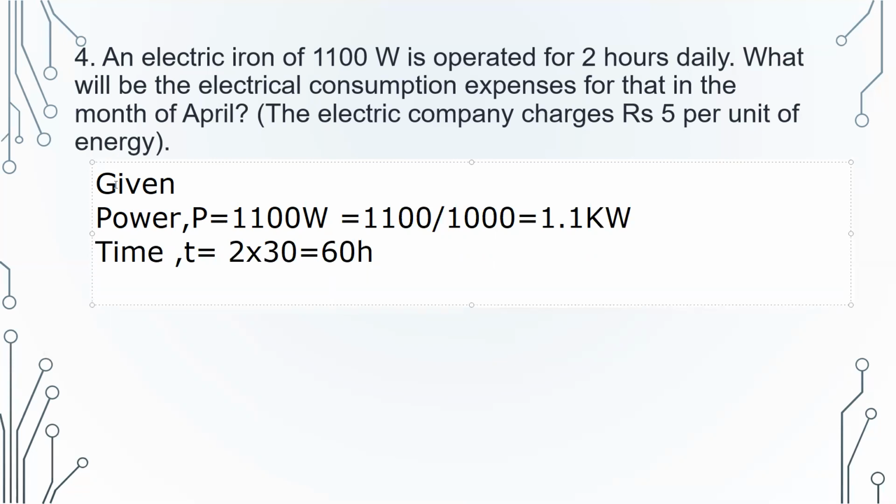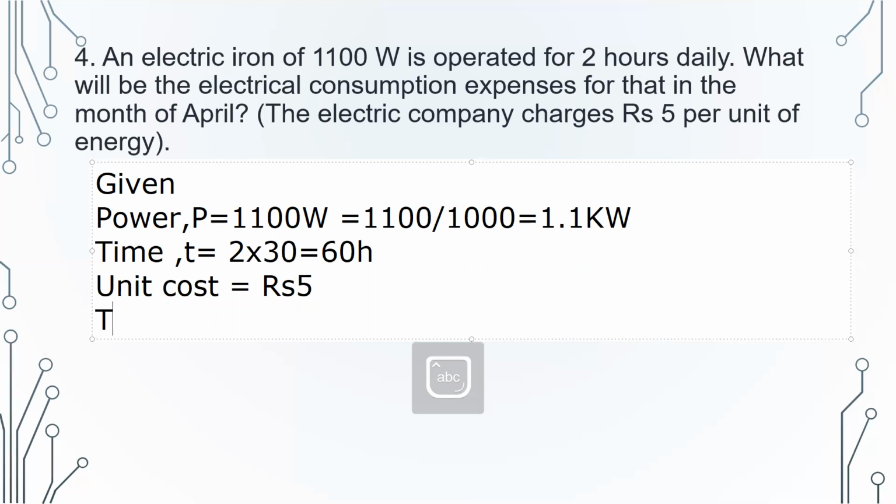Now what is given? Unit cost is given. Unit cost is ₹5. Now we want to find out the total cost.